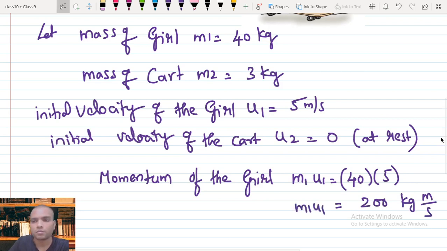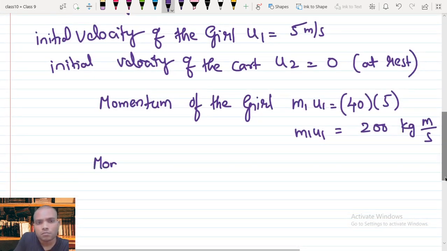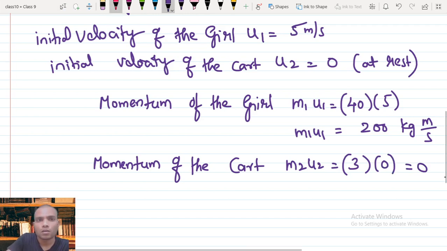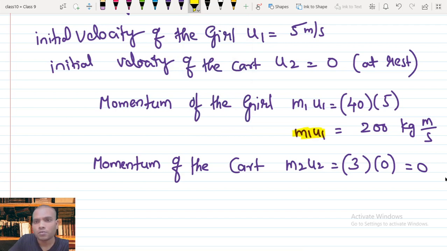Now the momentum of the cart equals m2 u2. The cart mass is 3 kg, but velocity equals 0, so its value goes to 0. So one is m1 u1, the momentum of the girl, 200 kg meter per second, and m2 u2 equals 0.